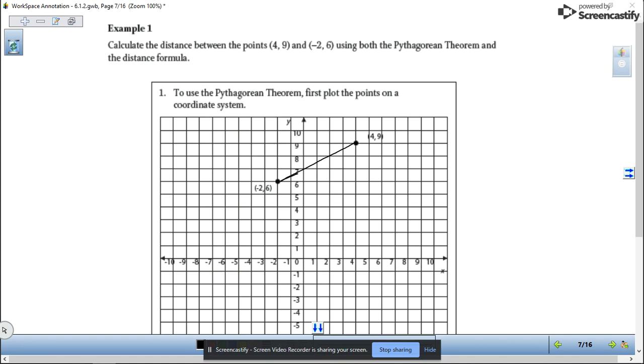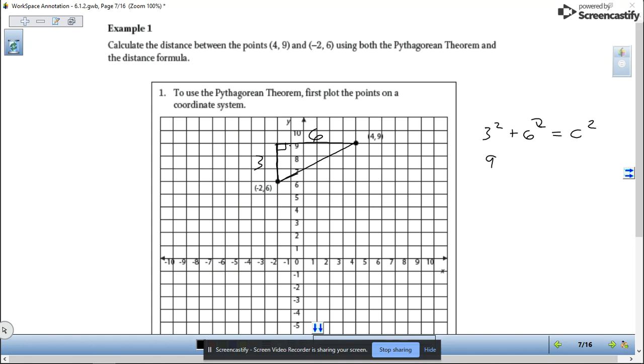So for the Pythagorean theorem, we would need to draw your right triangle. And that's 1, 2, 3, 4, 5, 6. And this is 1, 2, 3, right? So we're talking about 3 squared plus 6 squared equals c squared.